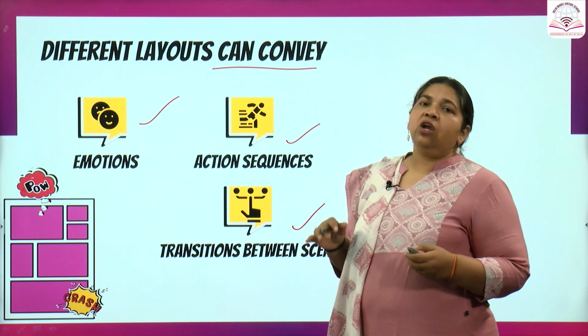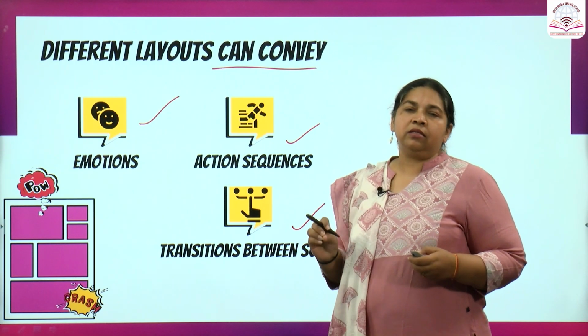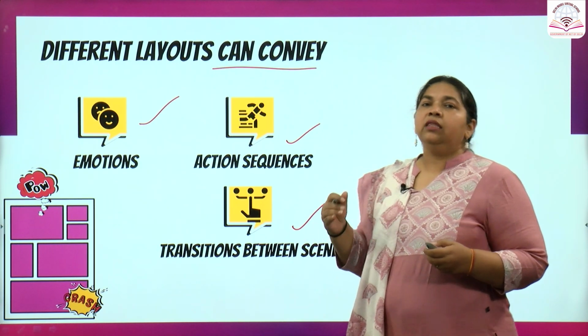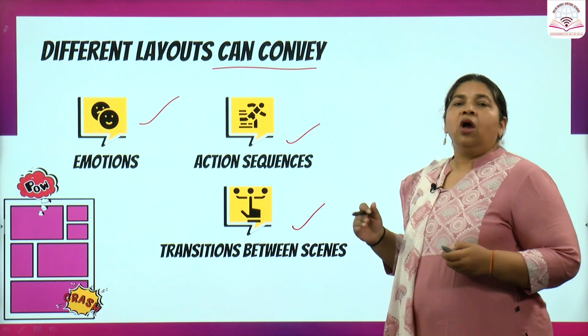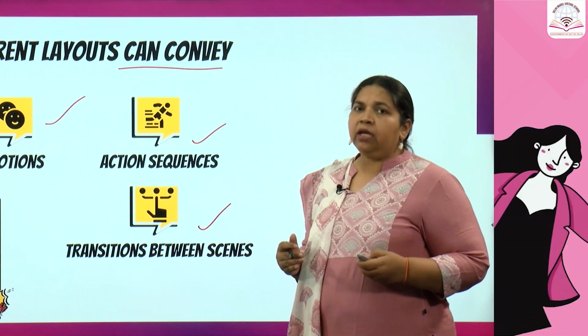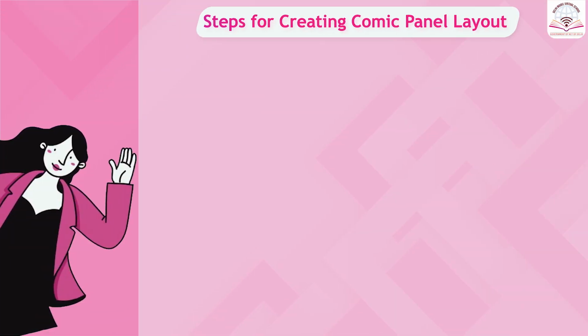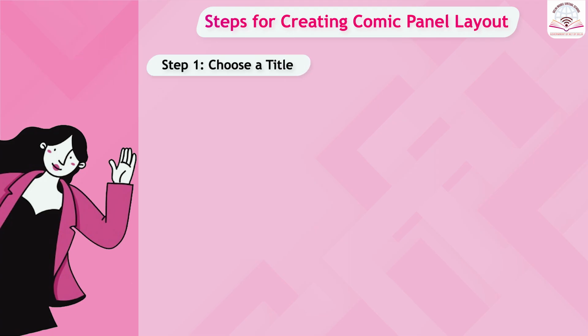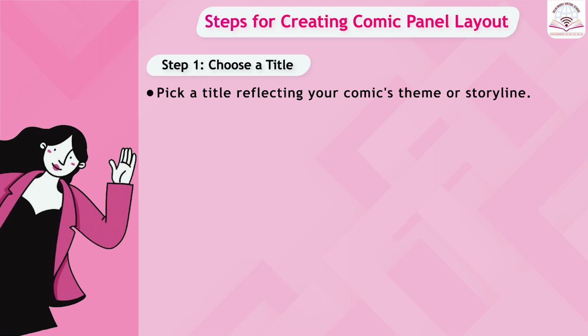Now, after seeing all these parameters, we'll see the different steps of developing a comic. The first step in creating a comic panel layout is to choose a title. Pick a title reflecting your comic's theme or storyline. It gives readers a sneak peek into the plot.